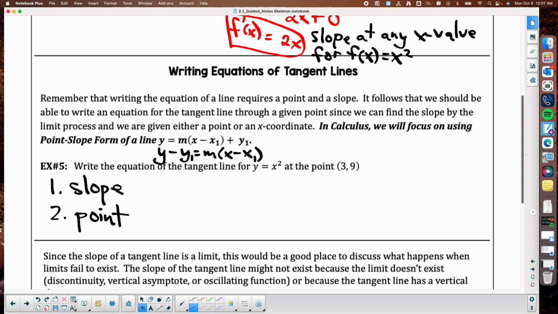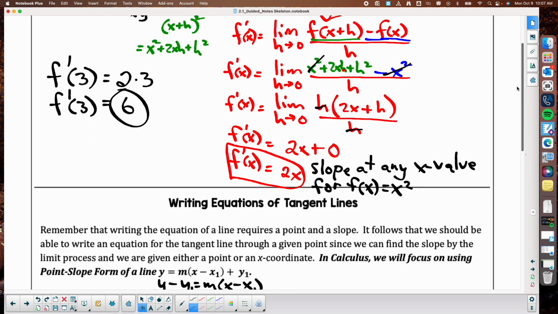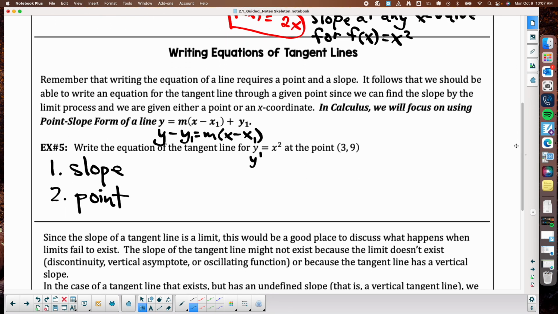We just figured out that the slope... so they changed the notation. Wasn't it f of x up on the first one? Yep. Okay. I don't know if that was just an oversight.